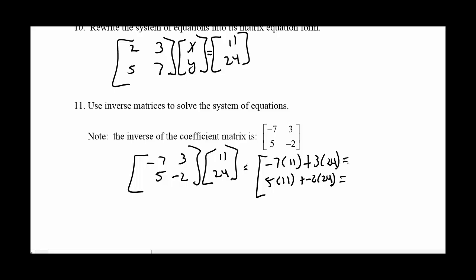So let me get a calculator real quick and double check that. So negative 77 plus 3 times 24, I get negative 5, and 55 plus negative 2 times 24, I get 7. All right, so what that means then is that x is negative 5 and y is 7.